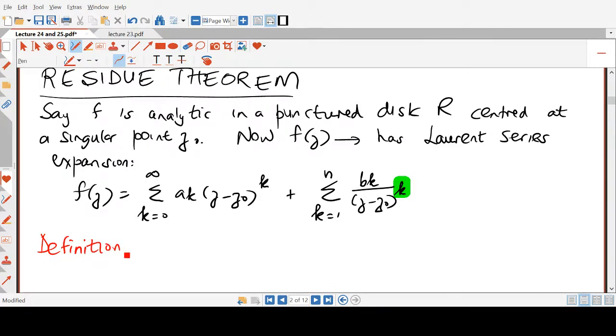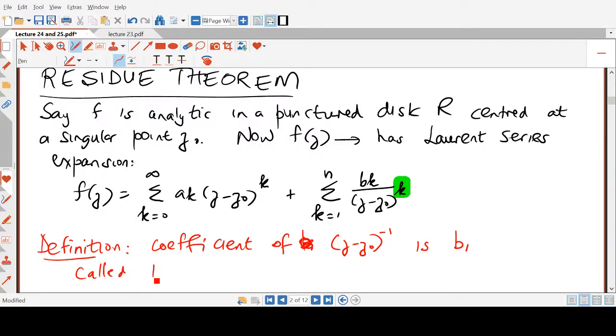Definition. The coefficient b_1, the coefficient of (z minus z naught) to the power minus 1, is called the residue of f at z naught.